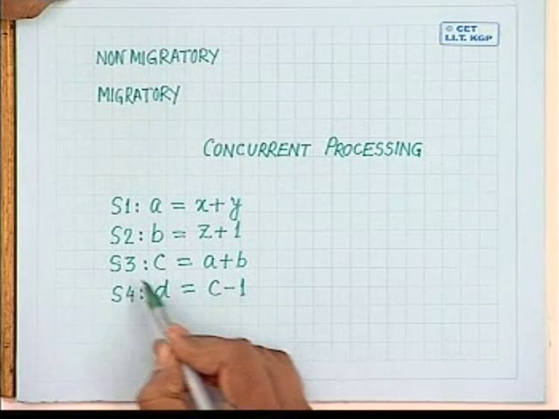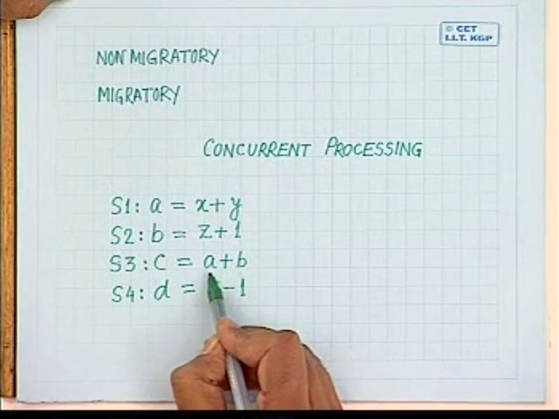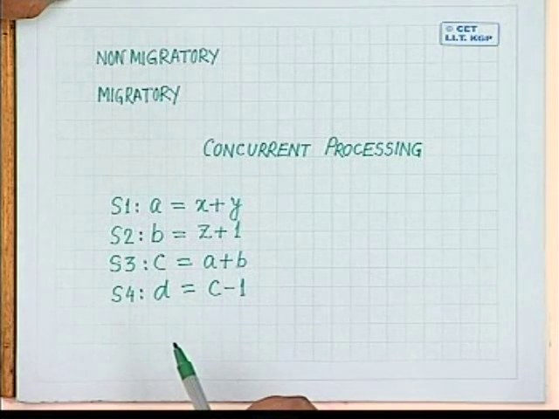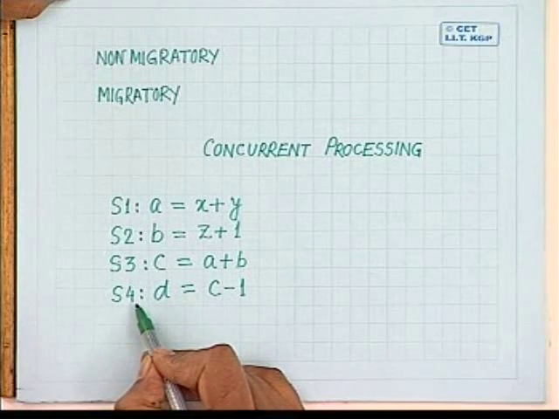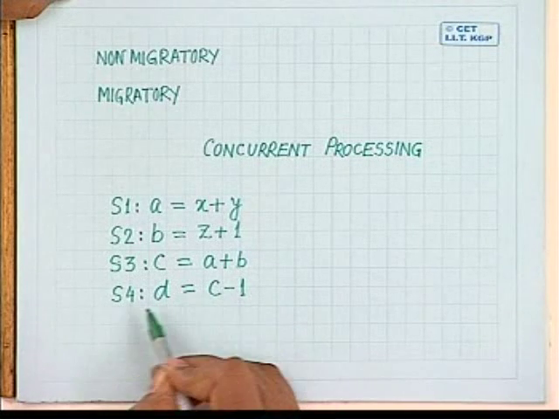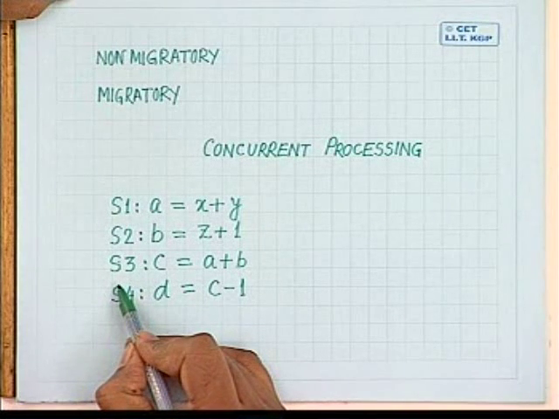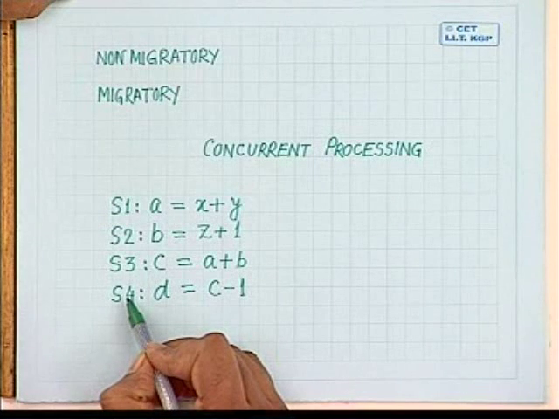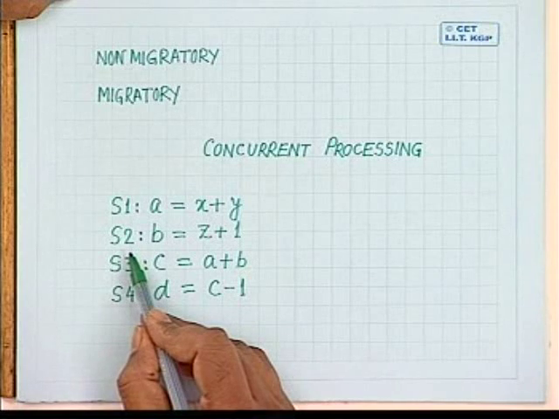Again, C is computed in S3, which makes use of two variables A and B. So S4 cannot be computed before completion of S3, because the value of C used in S4 is decided in S3. So S4 cannot be computed before S3, and S3 cannot be computed before S1 and S2.